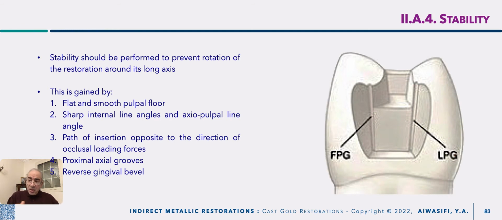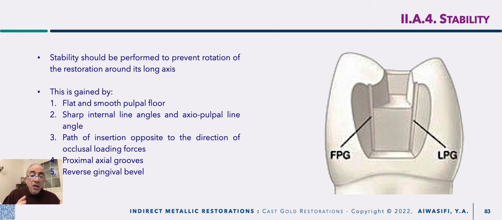Your restoration is indirectly processed, and due to application of separating medium and due to dimensional changes, which tend to be shrinkage of all used materials, except the investment that we hope compensates for this shrinkage, your restoration comes not fitting; it's just fitting with a slight friction, not maximum friction, because if you have maximum friction, either you will split the cusps or split the tooth, or the restoration will not be properly seated.